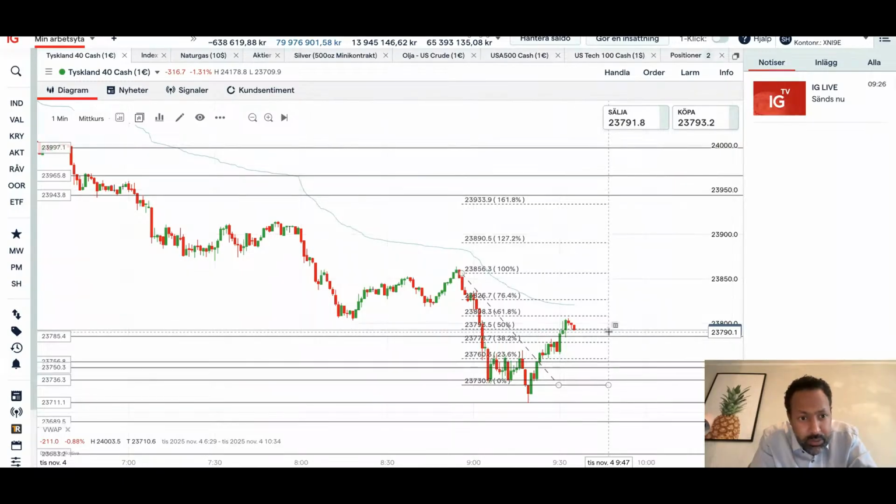So let's try a short here from 31. See if this breaks down. No. So we didn't lose any money on that one. Okay, let's try a long from 32. A little bit slow to say it, so let's say a long from 31 then.